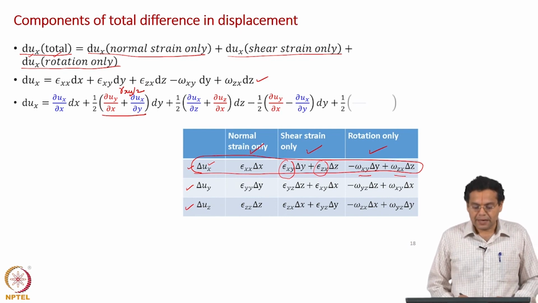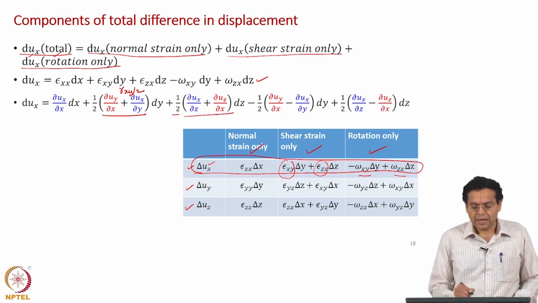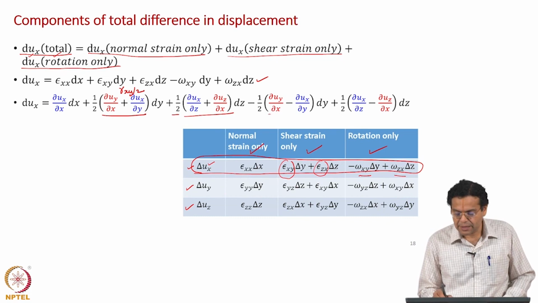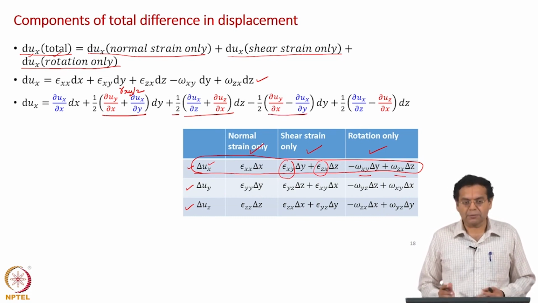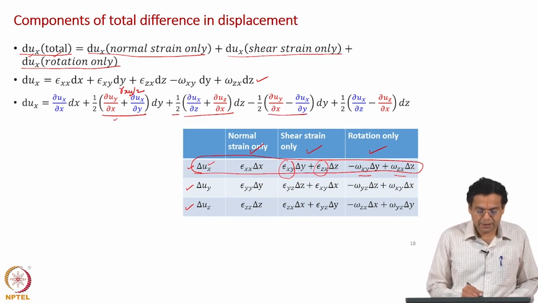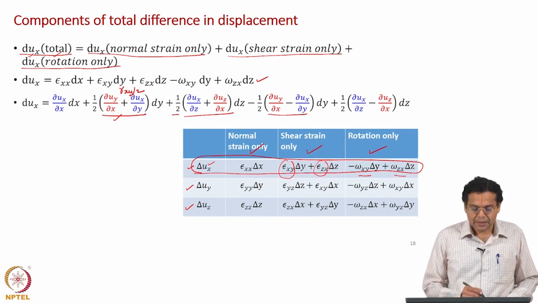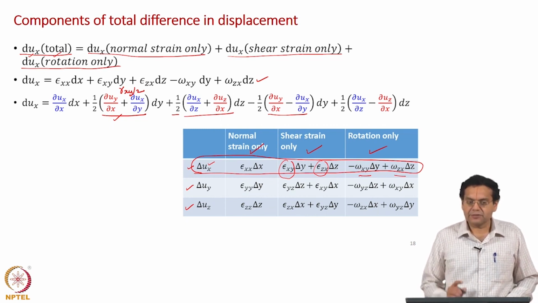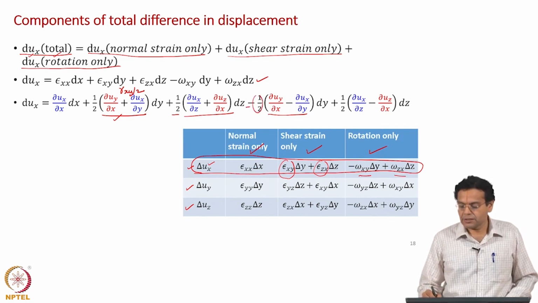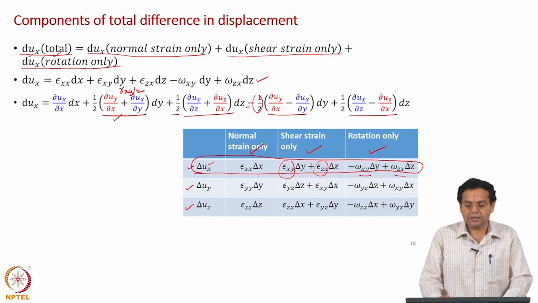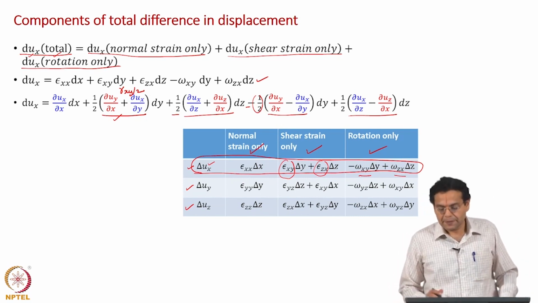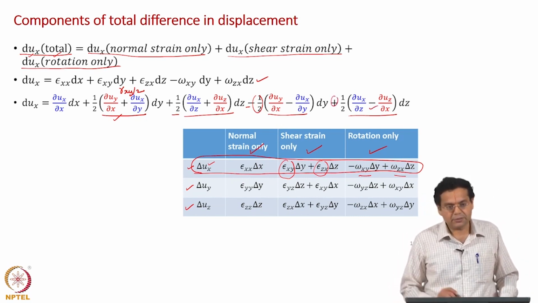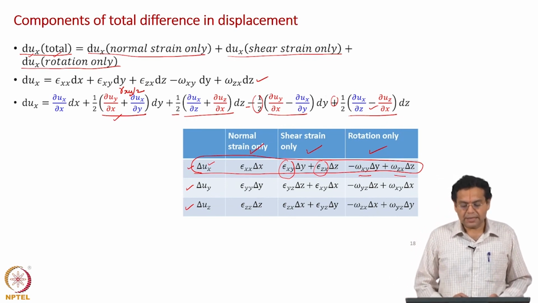Okay. And then epsilon zx, this is gamma zx divided by 2, and omega xy, remember we also discussed how to remember omega xy, the same term gamma xy, and the change of sign, and this also has a half and negative sign, and then of course corresponding expression for the zx plane with a negative sign here, but this is positive. So, now let us look at the color code here.